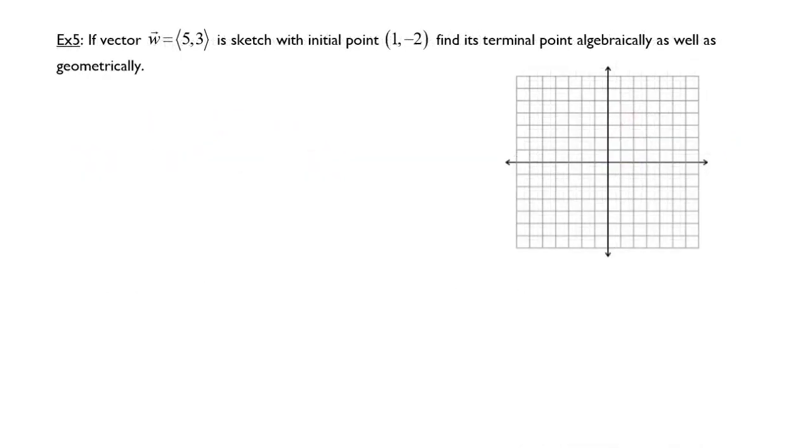Now let's look at example 5. If vector w equals 5, 3 in pointy brackets, and its sketch with initial point 1, -2, find its terminal point algebraically as well as geometrically. Let's first sketch 5, 3 with initial point 1, -2. First, I'll find the initial point 1, -2.